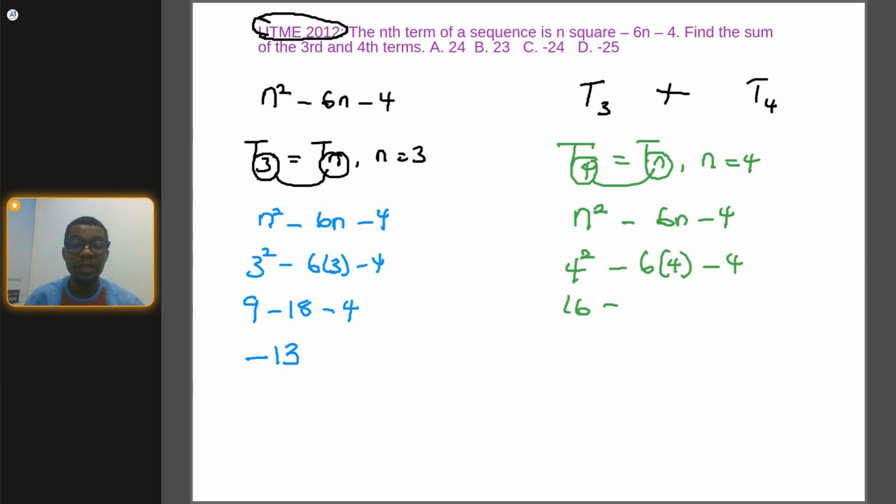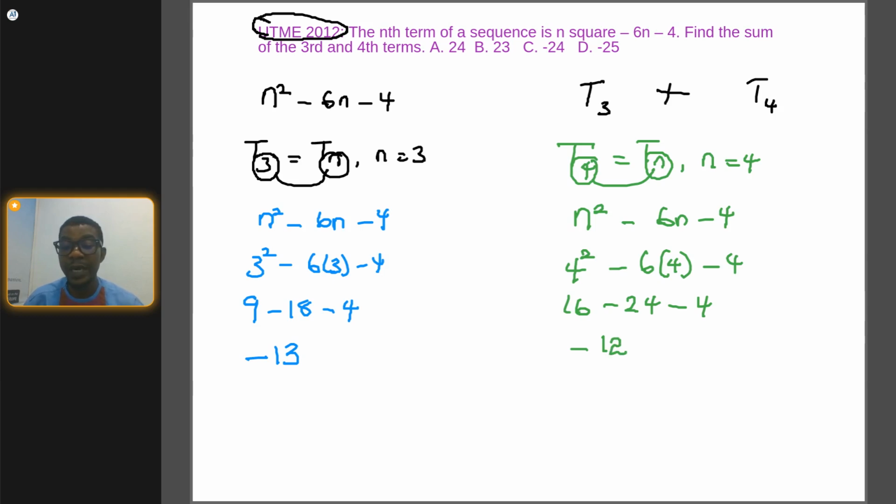6 times 4 is 24, minus 4. So 16 minus 24 minus 4 is going to give us minus 12.